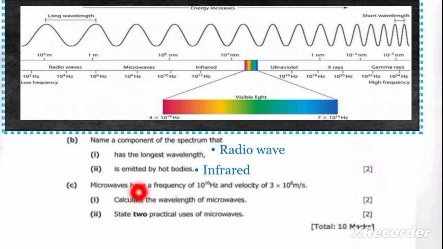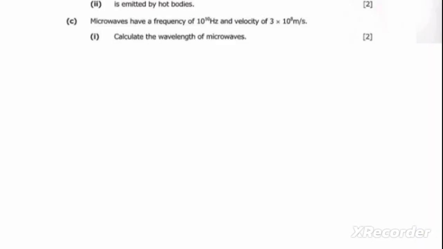We move to the next question, which is question C. Microwaves have a frequency of 10 to the power 10 Hz and velocity of 3 times 10 to the power 8 meters per second. Question C, Roman numeral 1. Calculate the wavelength of the microwaves. So to answer this question, we are going to say wavelength is equal to speed of light divided by frequency.